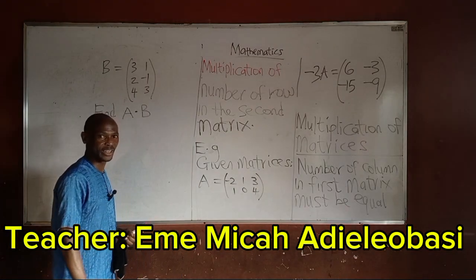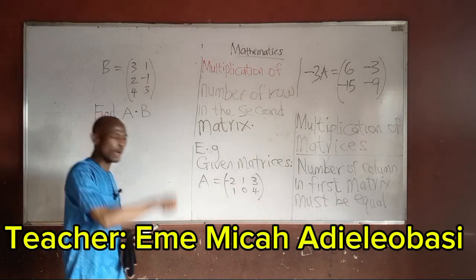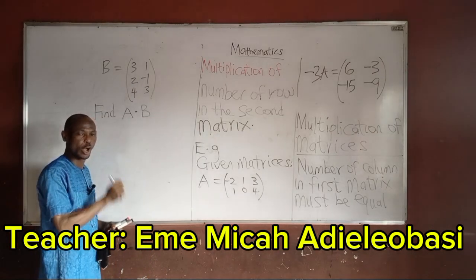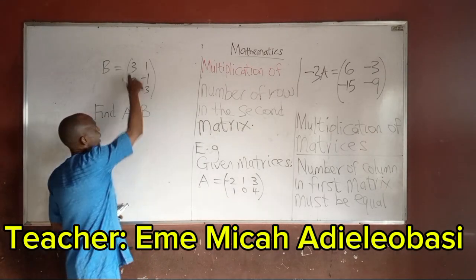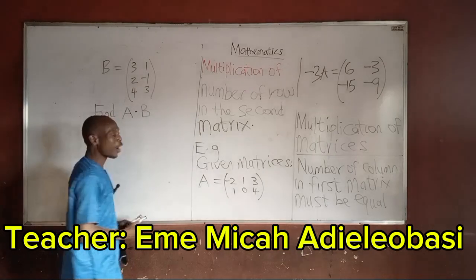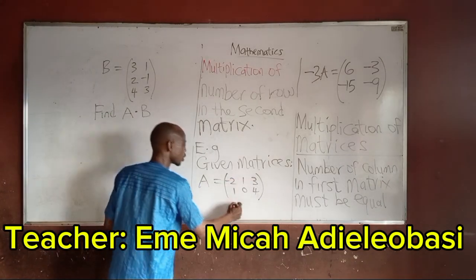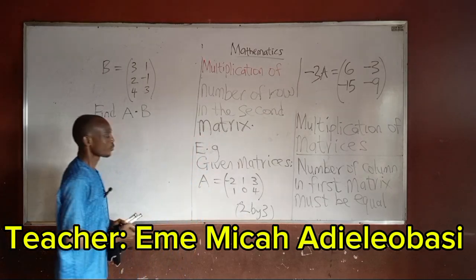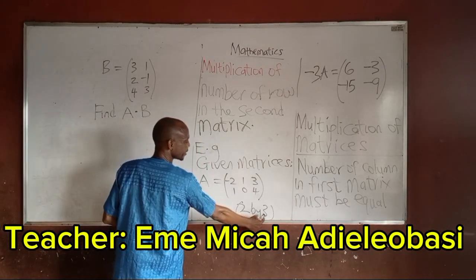The column is 3. The number of columns in the first matrix must be equal to the number of rows in the second matrix. Our order here is given as 2 by 3. So the number of columns here is 3.